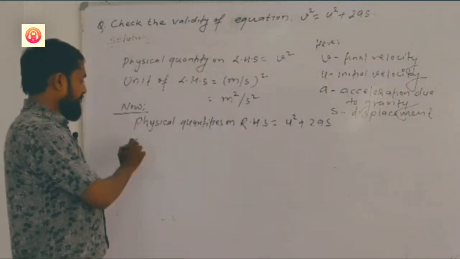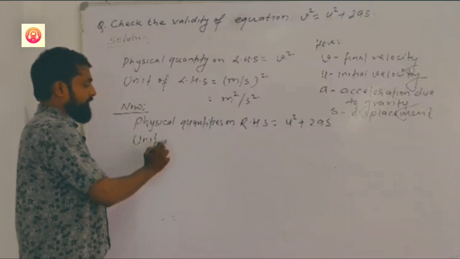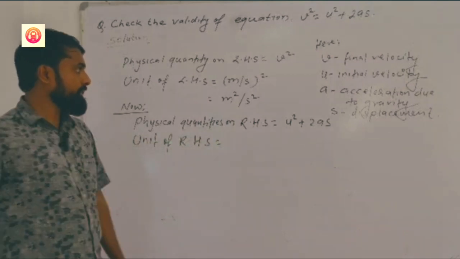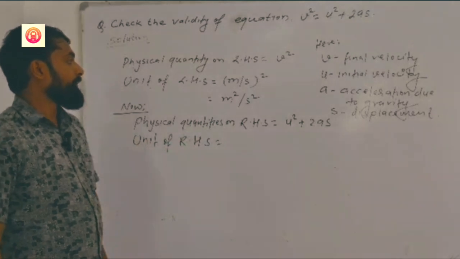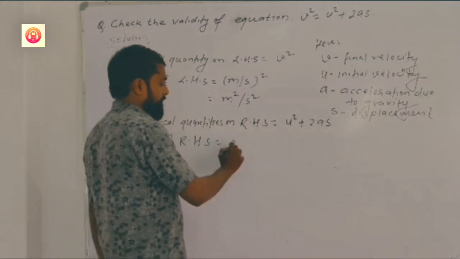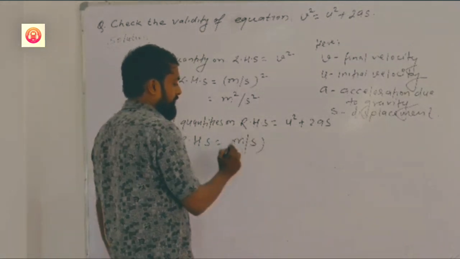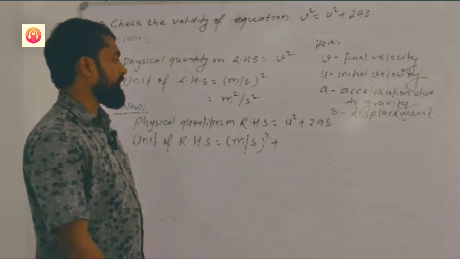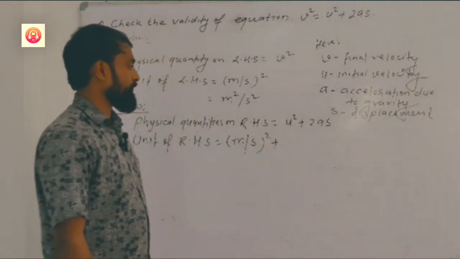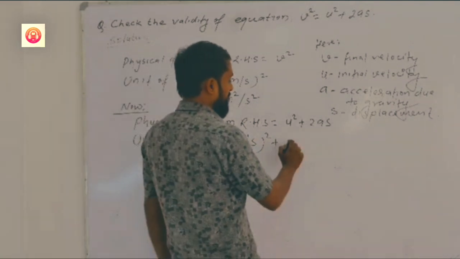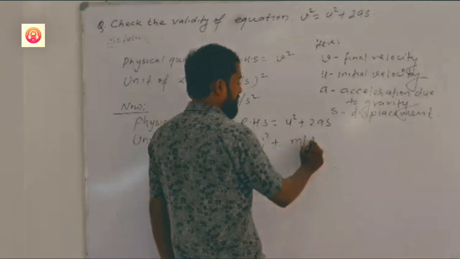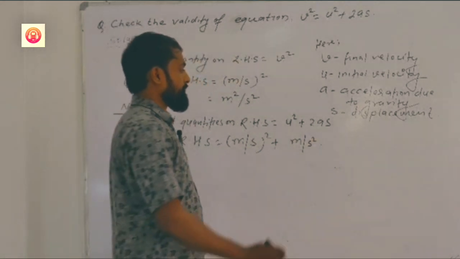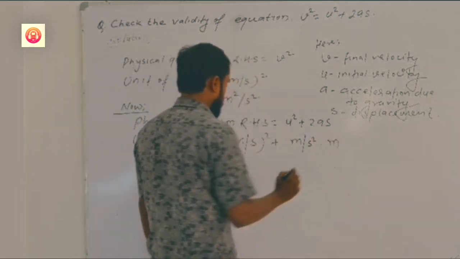So we can now write the unit of RHS. Unit of RHS is unit of velocity, meter per second, square, plus, so 2 is a constant, it doesn't possess any unit. So unit of acceleration is meter per second square into unit of displacement is meter.